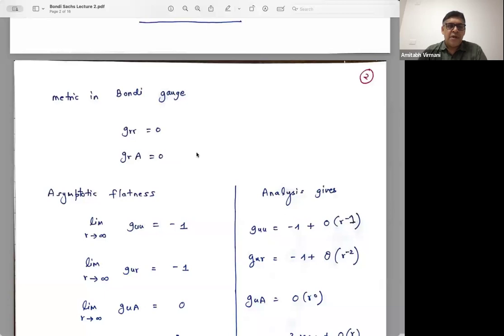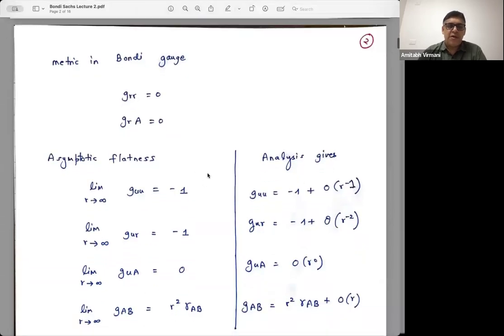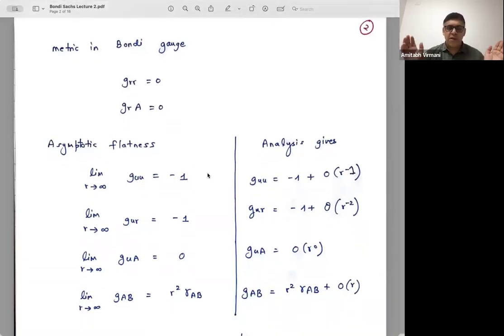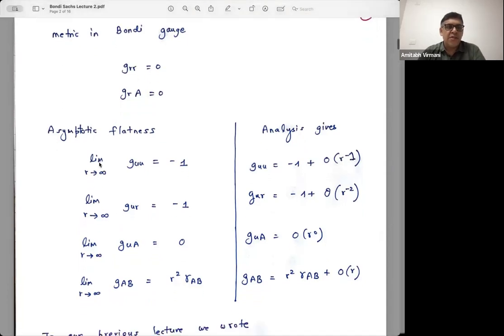But now on top of that, we want to use some properties of Einstein's equations and some physics inputs. So we say that I'm interested in studying asymptotic flatness in Bondi gauge. So I'm looking at asymptotically flat spacetimes in Bondi gauge.